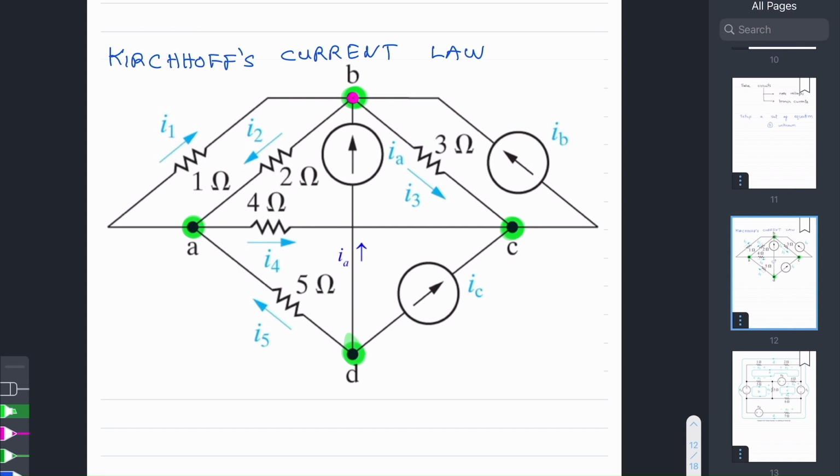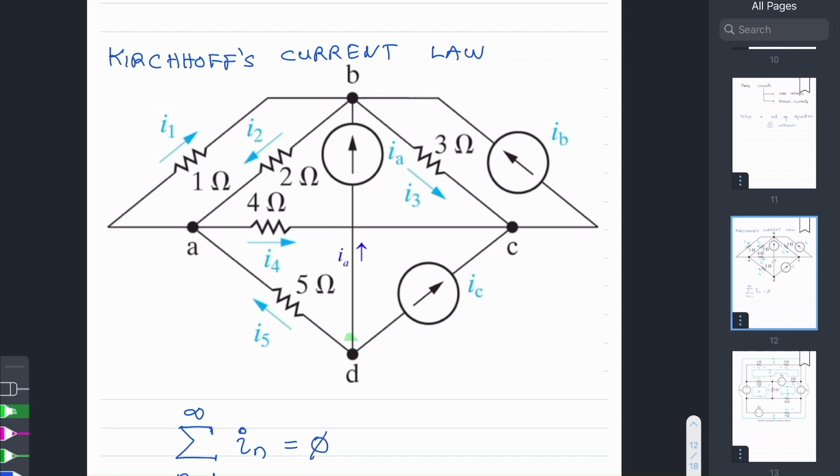Okay, the canonical definition of Kirchhoff's current law is that the sum of currents at any node is zero. So if you want to look at the formal definition of KCL, Kirchhoff's current law, it simply says when you sum all the currents, from 1 to infinity, all the currents that are at a particular node, they sum to zero.